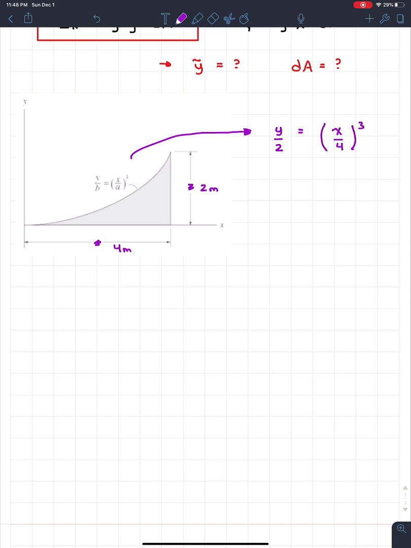So if we move everything to the other side, x is going to be equal to 4 times y over 2 to the exponent 1/3. So this will come into play later, as you guys will see. But remember, our main focus right now is finding out two things. What is y squiggle and what is dA?